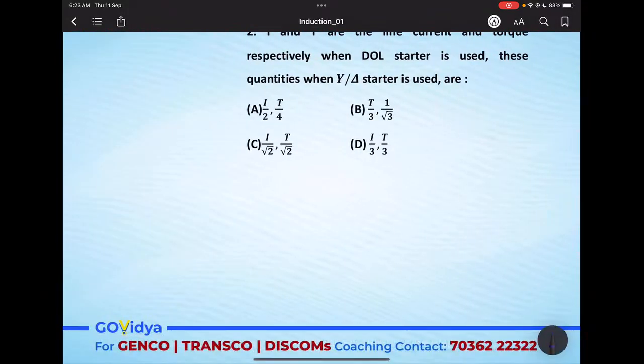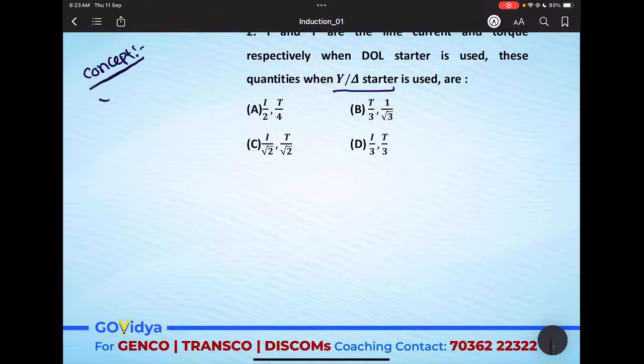The next question is given about torque and current respectively. T and I are the line current and torque respectively when DOL starter is used. These quantities when star delta starter is used. Let's note down the concept. What is the concept behind this question?